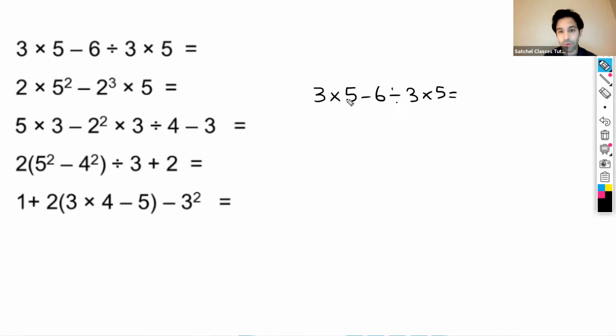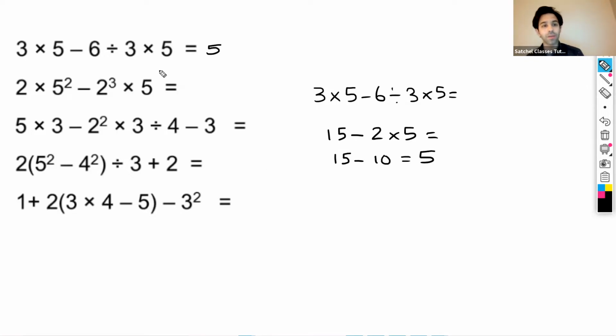So let's do the multiplication before we do the division. So we'll get 15 minus, and now here we would do the division. So 6 divided by 3 is 2, times 5. And now we would do the multiplication first because multiplication comes before subtraction. So this is going to be 15 minus 10, which is equal to 5. So the answer to the first problem is 5.